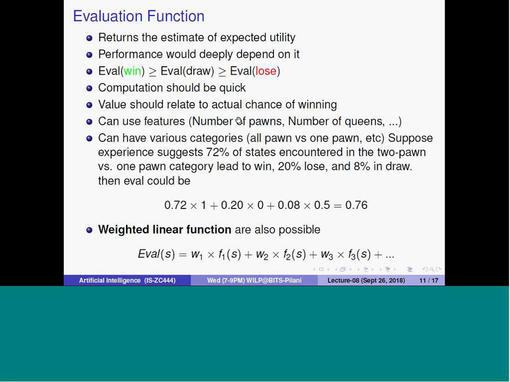If somebody gives you this information, that you are in this category of state, then 72% is the chance of your winning, 20% of your losing, and 8% is the draw.